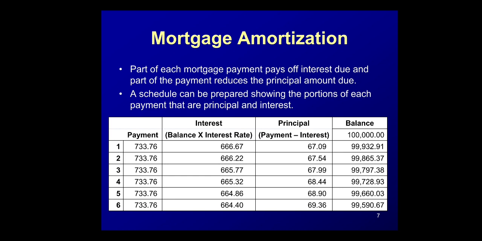We call it principal, and also plus the interest. So see here, this business in this example borrows $100,000, and then every month the business pays $733.76.